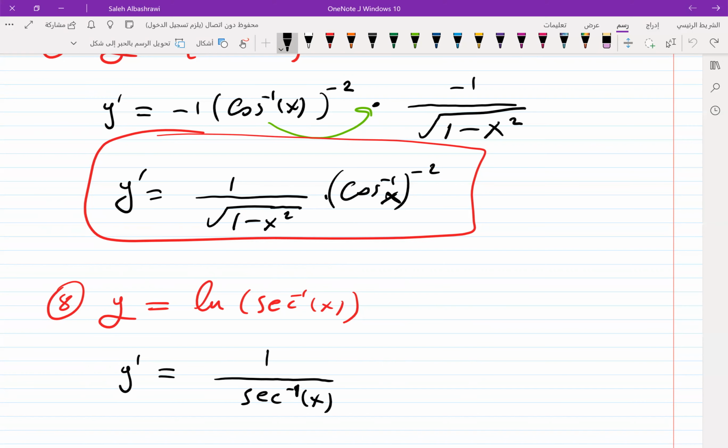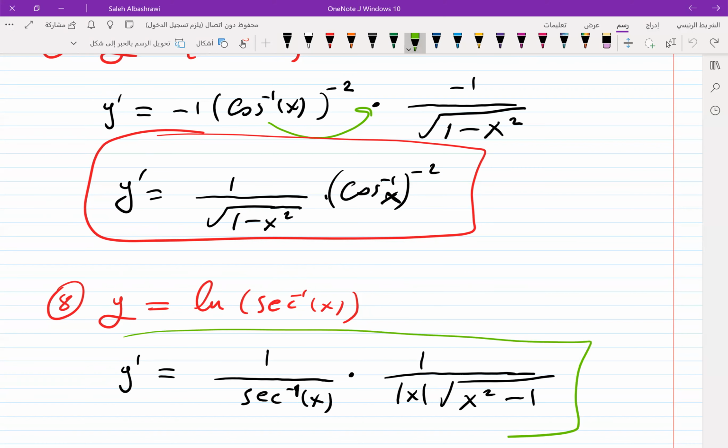One over secant inverse x, then we find the derivative of the function. The derivative of secant inverse is 1 over absolute value of x square root of the angle square minus 1. This is the derivative. 1 over secant inverse x multiplied by 1 over absolute value of x multiplied by square root of x square minus 1.